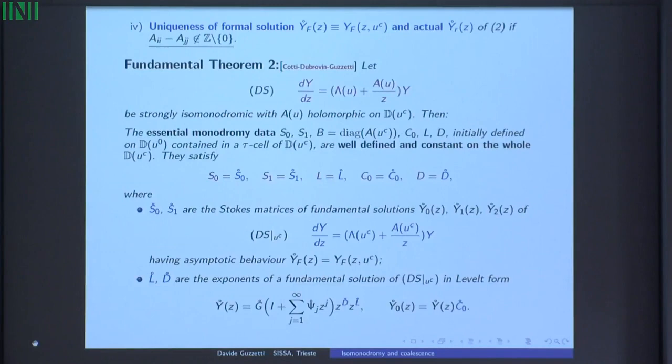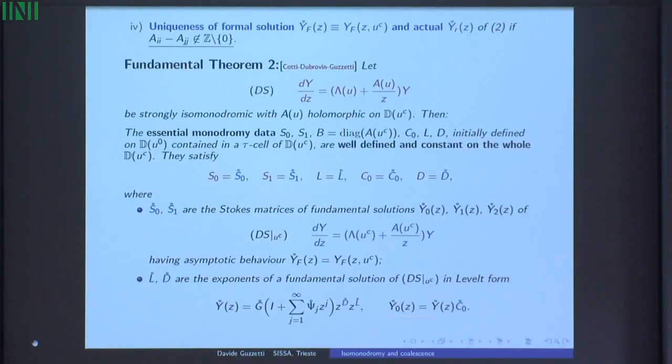And moreover, you can compute them just by computing the monodromy data, which are the blue ones with the dot upstairs, of the system at the coalescence point. So you take the fundamental solution with the asymptotic representation corresponding to a formal solution here, and then you compute the Stokes matrices and so on.